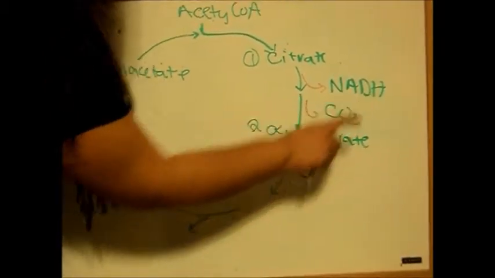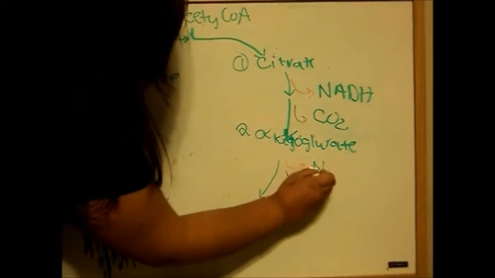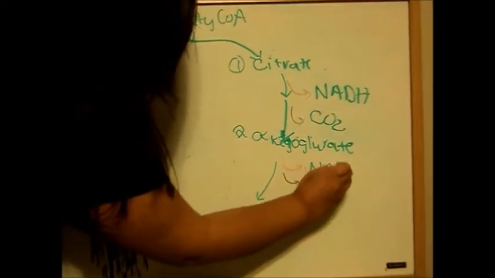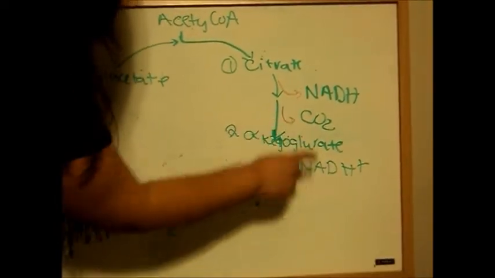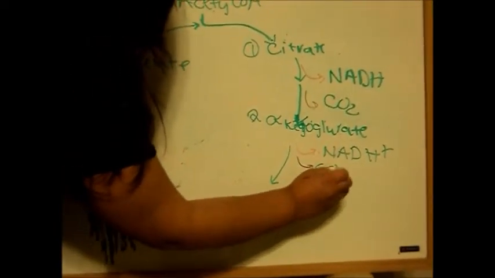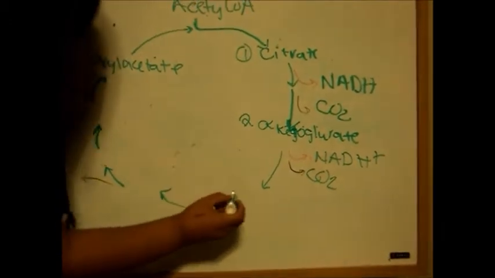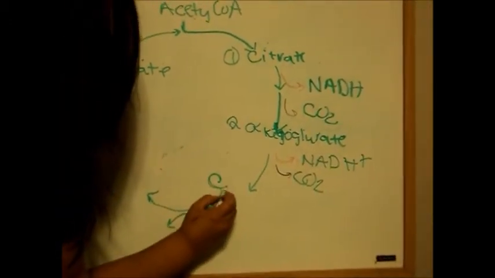Which, as the same process before, NAD requires a hydrogen, which would be NADH plus, and as well as before, carbon dioxide is then oxidized out of the process to make succinyl-CoA.